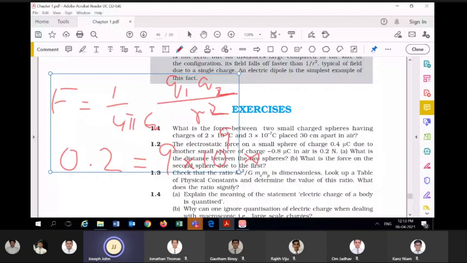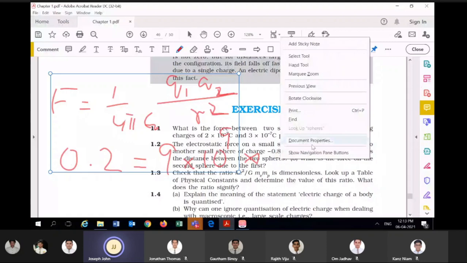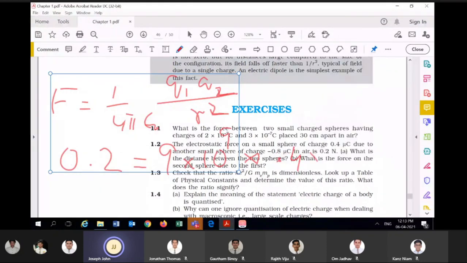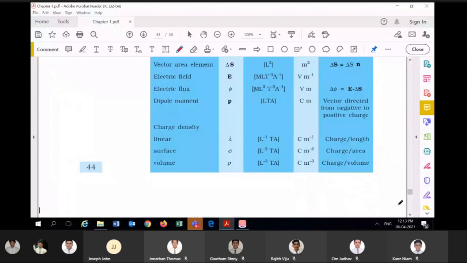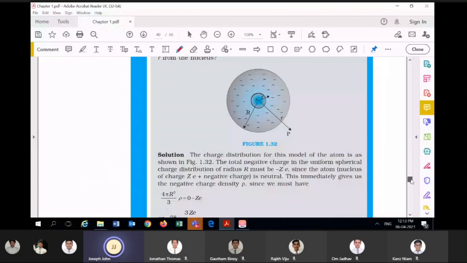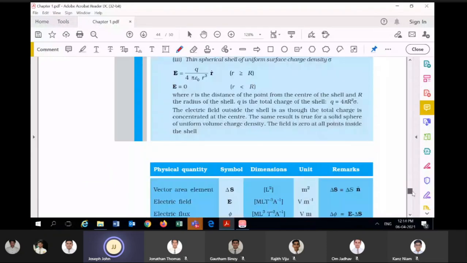Q1 is 0.4 into 10 raised to minus 6, okay. Q2 is also 0.8. Coulomb said only take the magnitude, don't take the sign, okay? So don't take the minus sign or plus sign, only the magnitude.